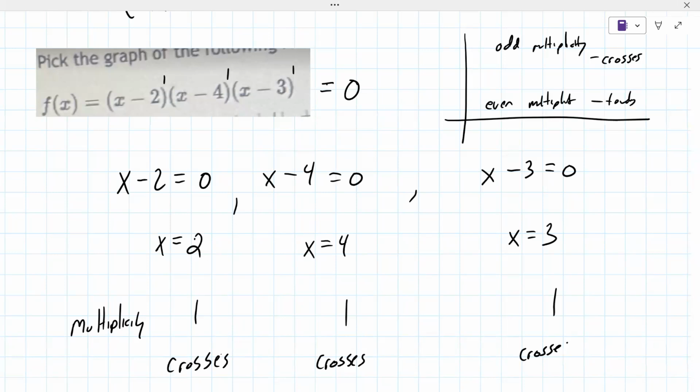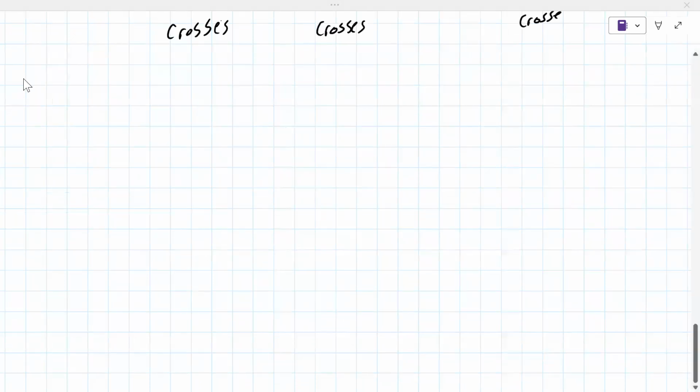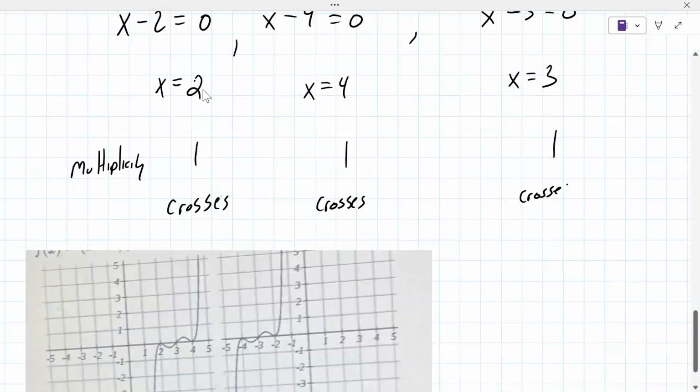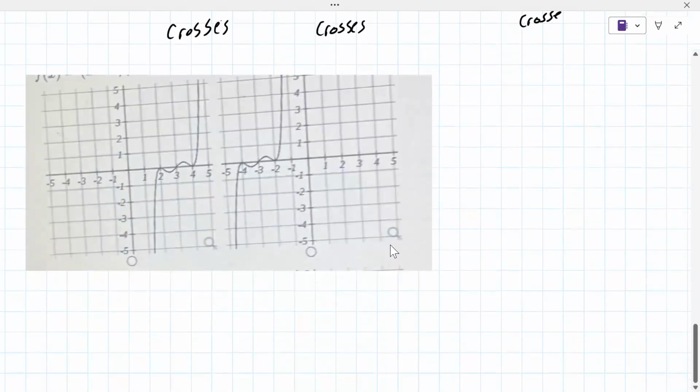Okay, so this is just information you need to be able to graph it. All right, so let me put the graphs in front of you now. So we're looking for the graph that crosses at 2, 4, and 3. Notice at 2 here, that's called a touch, or a bounce. I mean, you play basketball, so you know what that means. It bounces, doesn't it? But here at 3, this is a cross.